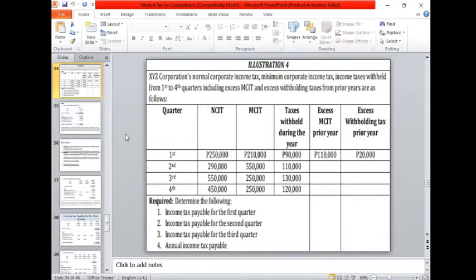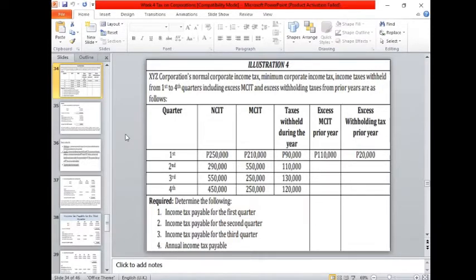Now, these are the quarter-based corporate income tax on the first, second, third, and fourth quarter. Now, we have to compute for the following: income tax payable for the first quarter, income tax payable for the second quarter, income tax payable for the third quarter, and annual income tax payable, which is the whole of the 4 quarters.